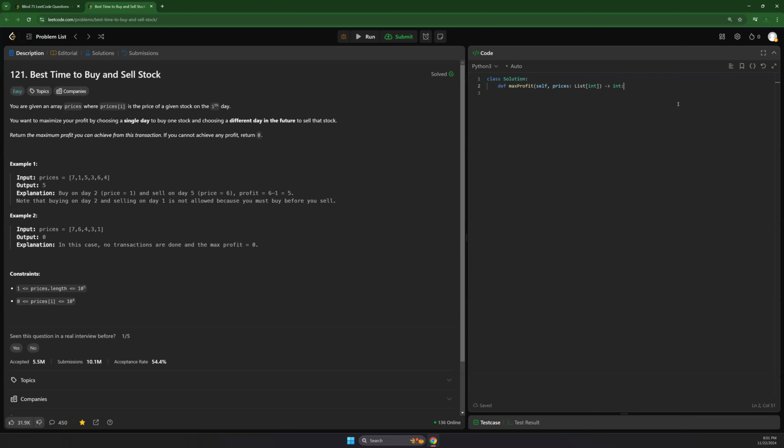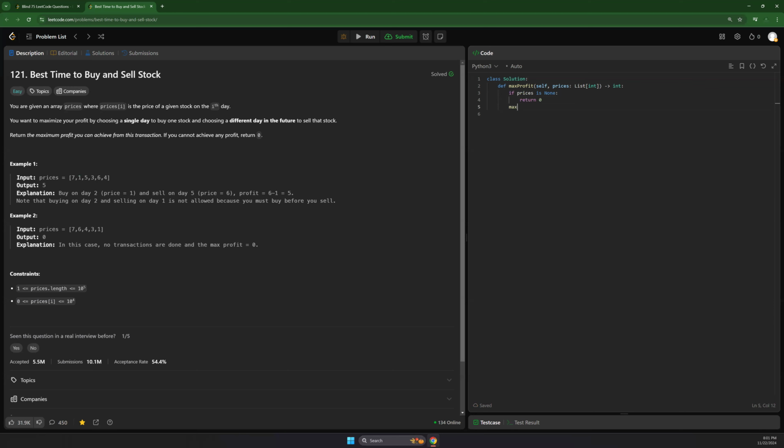So let's go ahead and implement the solution. A few key things: you need to keep track of the minimum price. So if our list is empty, we want to return 0.